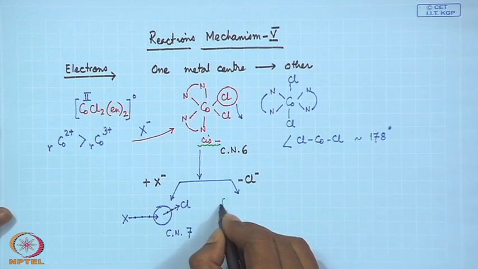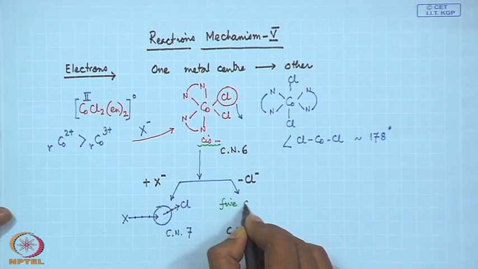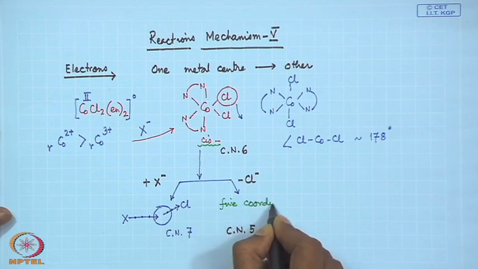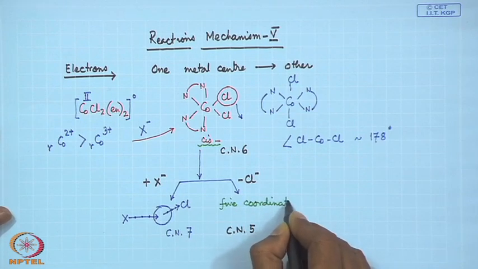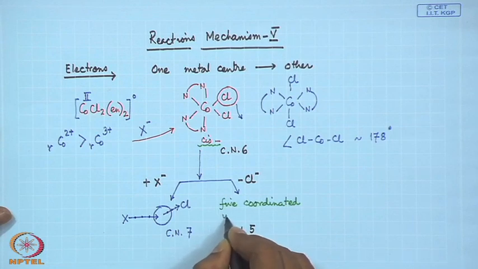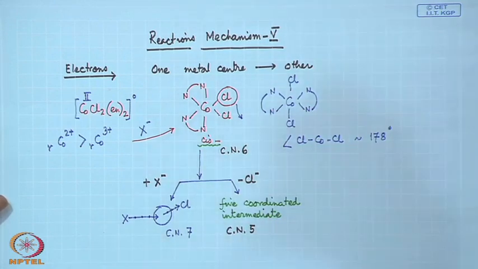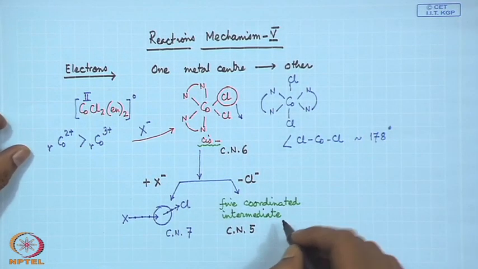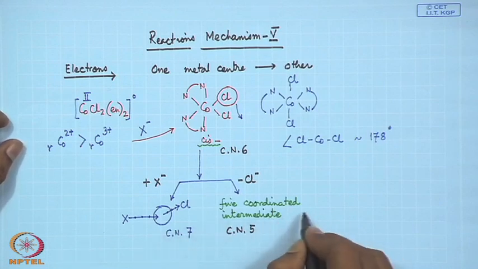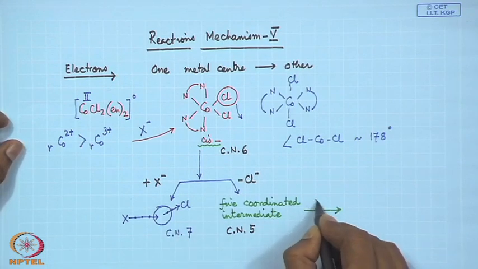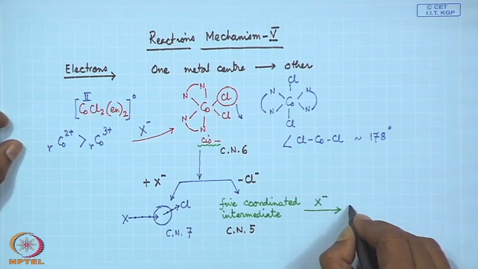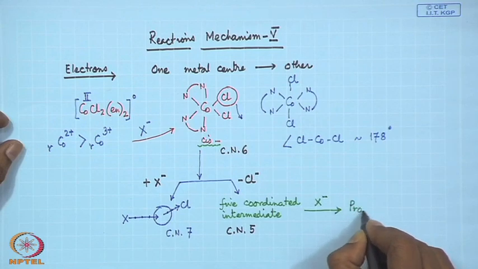So, it is a 5 coordinated intermediate, which in the next step can react with this X minus to give the corresponding product.